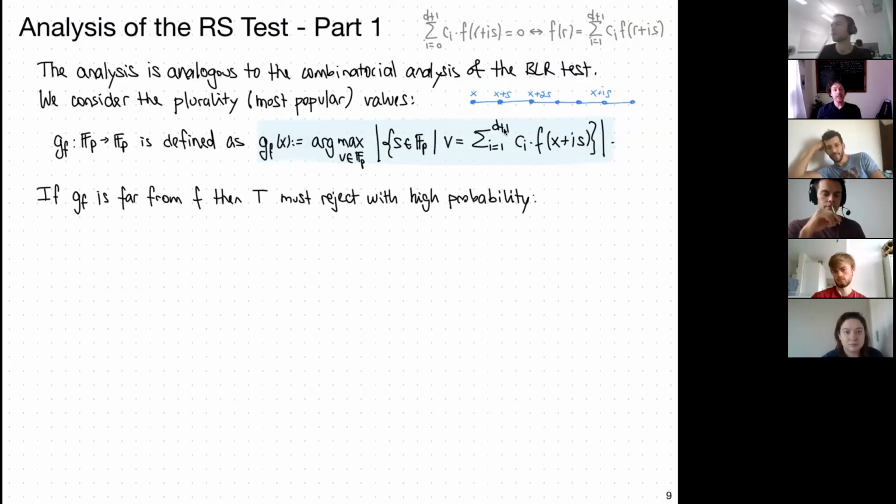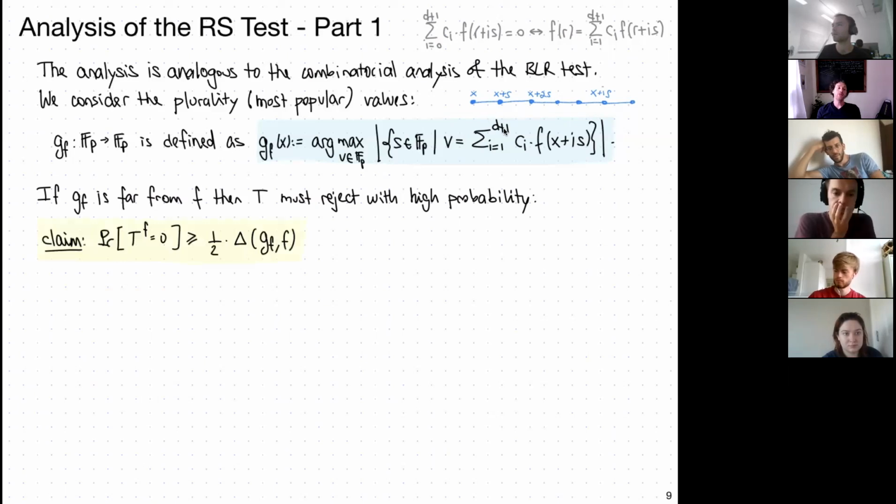And we want to say that if this thing is far from the function, then we'll reject with high probability. Or more formally, we want to say that the rejection probability of our algorithm, which checks these local constraints, is the distance from the plurality vote to the function. And now, do you remember what we did? What was the idea of doing it yesterday?